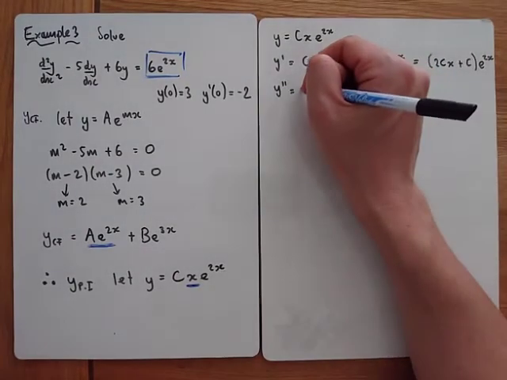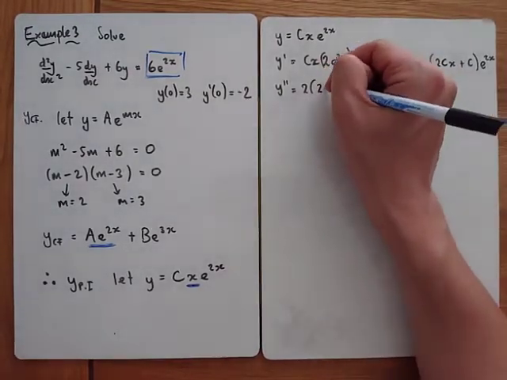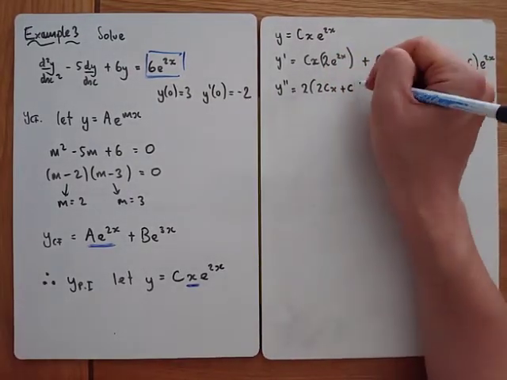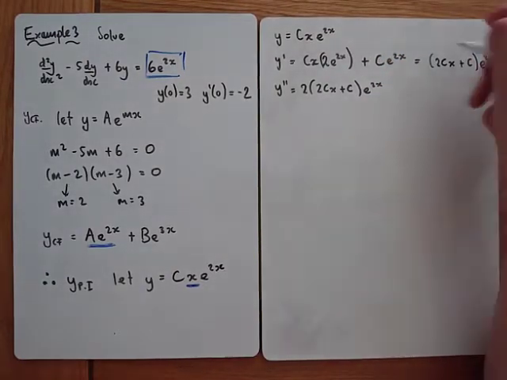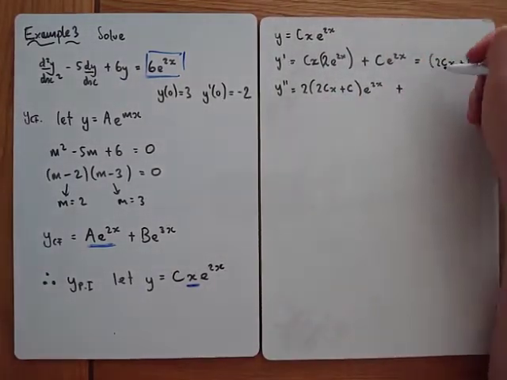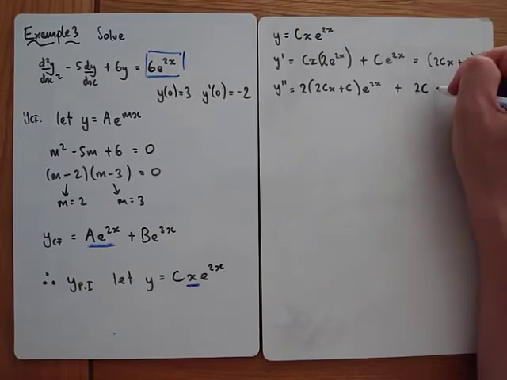So that would be 2 lots of (2cx plus c) e to the 2x, just from differentiating e to the 2x, we multiply by 2, plus, differentiating the bracket, that leaves me with 2c times e to the 2x.